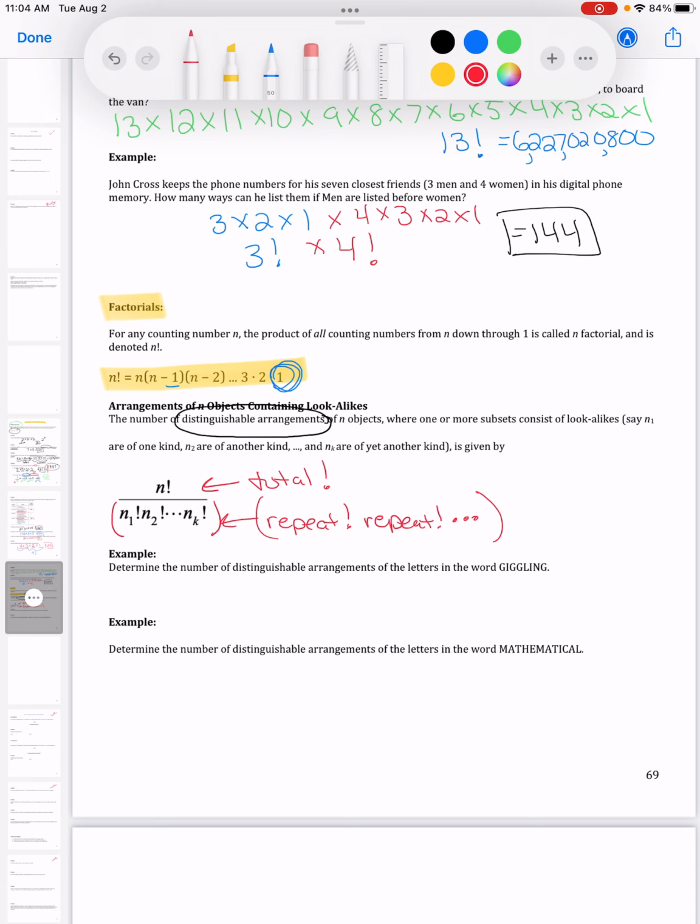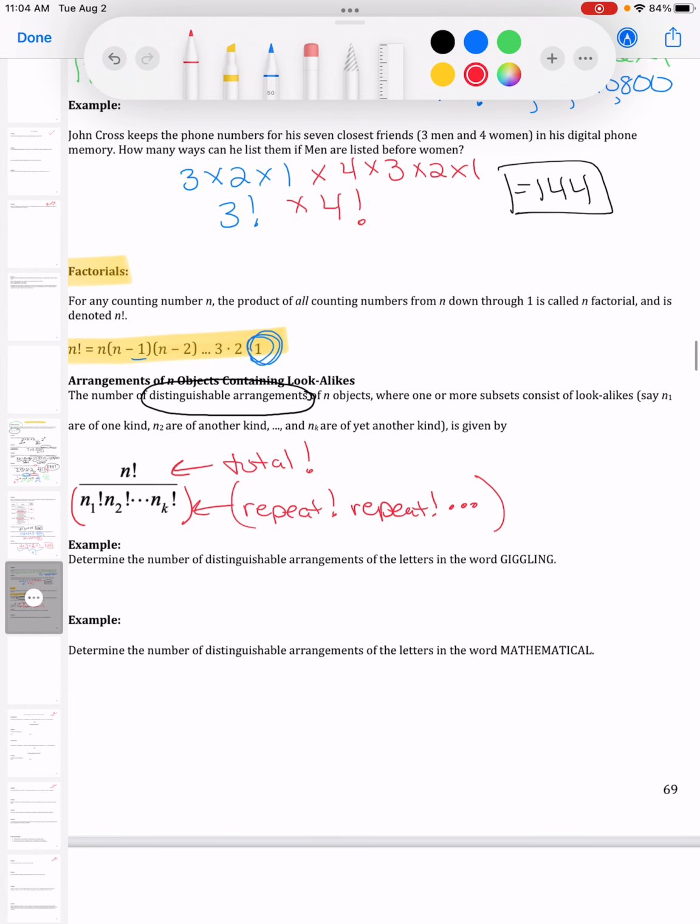So this first example, the word giggling here, there's 1, 2, 3, 4, 5, 6, 7, 8 letters. So that's my numerator. G's repeat, 1, 2, 3, 4. So that's going to be a 4 factorial, and I'll label that. That's for the G's. And then the I's repeat, there are 2 I's.